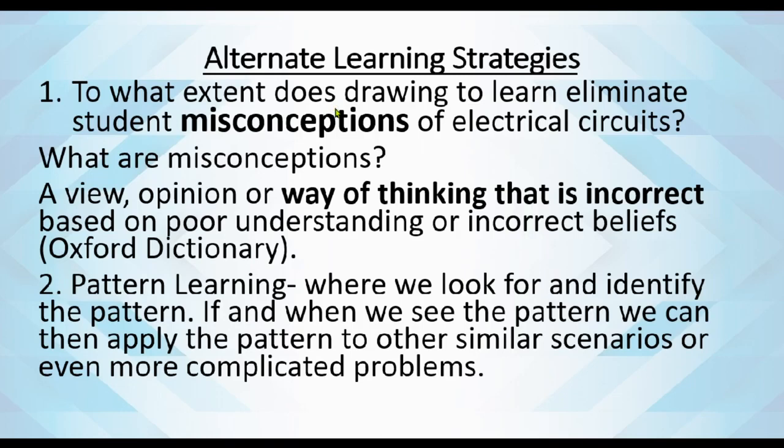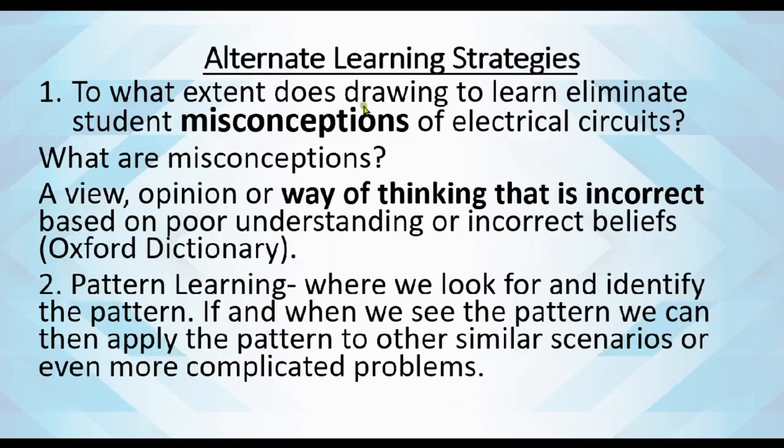So what we will endeavor to do in this lesson is to eliminate all the incorrect or inaccurate electrical ways of thinking. The second learning strategy that we will use for today is pattern learning, where we look for and identify the pattern. If and when we see that pattern, we can then apply that pattern to other similar scenarios or even more complicated problems.